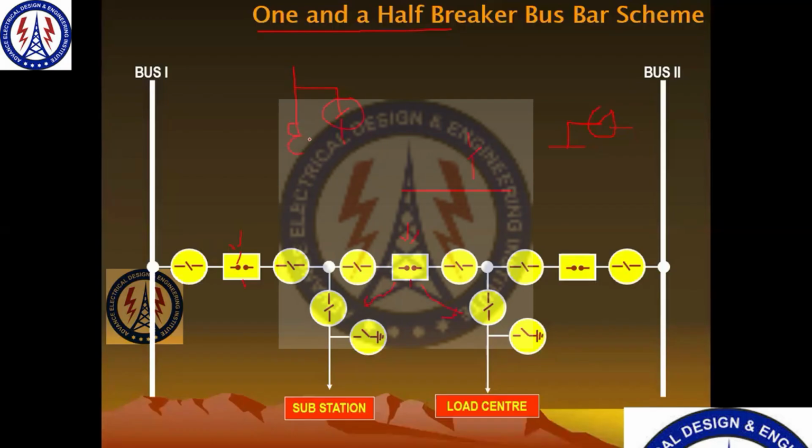So at a time only one circuit breaker we are using in the previous schemes, either the circuit breaker connected in the feeder, or the circuit breaker connected in the bus coupler. So at a time only one.